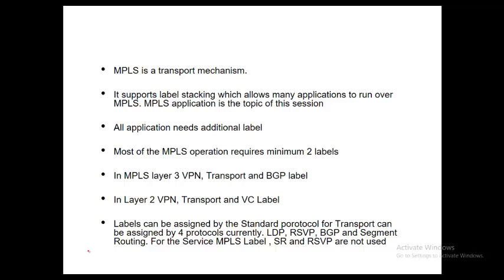Also in layer 2 VPN, you have the transport label for every router hop by hop within the ISP, and to identify the remote layer 2 PE circuit, we have the virtual circuit label, the VC label.